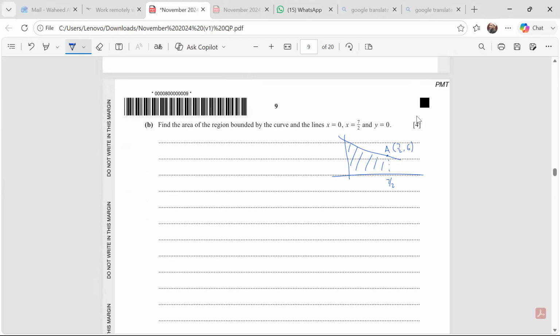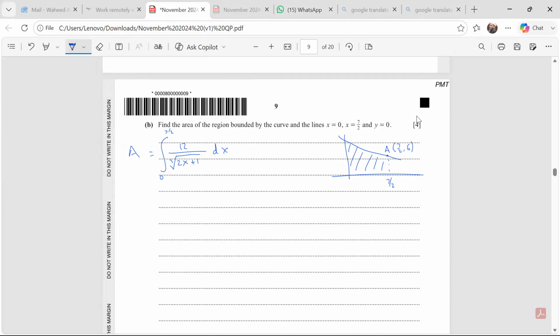So we will take the equation of this curve, 12 over the cubic root of 2x plus 1, and integrate it from 0 to 7/2 dx. This will give me the total area. I hope it's all clear.